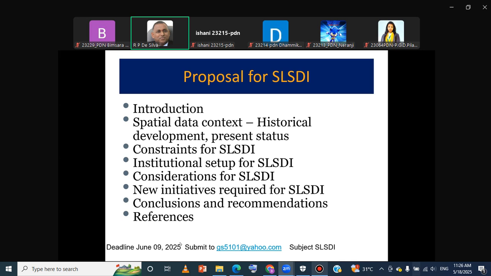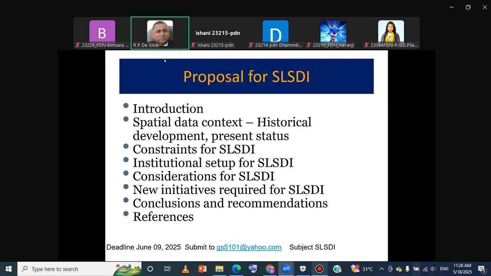Your proposal should be somewhere in the range of 10 to 18, 19 pages. And you need to submit this. You have time until June 9th. Submit electronically to gs5101@yahoo.com.